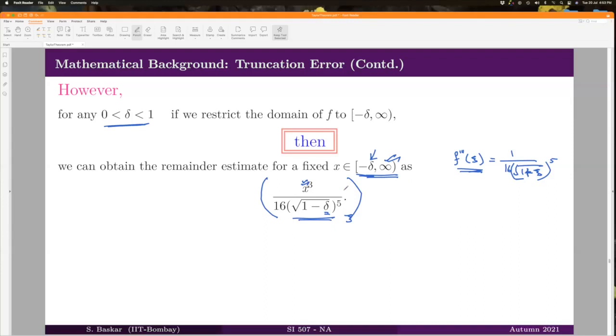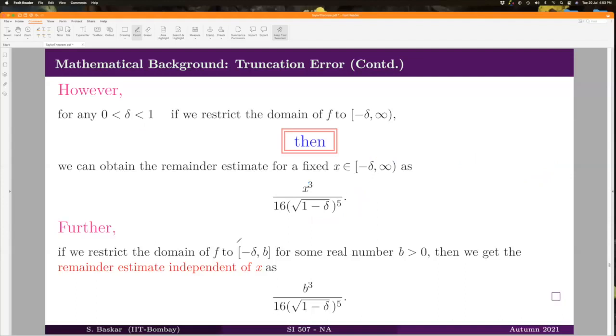So again, at this stage, even after restricting ourselves away from minus 1, we still cannot have an estimate for the truncation error. In order to get an estimate, we further have to restrict ourselves to a bounded interval. That is, we started with minus 1, we restricted ourselves to some minus delta, whereas we had still interest up to infinity, and that is again giving us a problem in freezing this part. Therefore, we have to restrict ourselves to some bounded interval, say minus delta to b, for some b greater than 0.